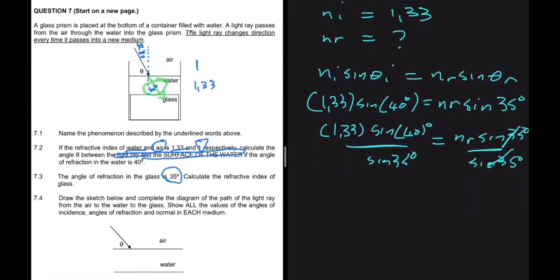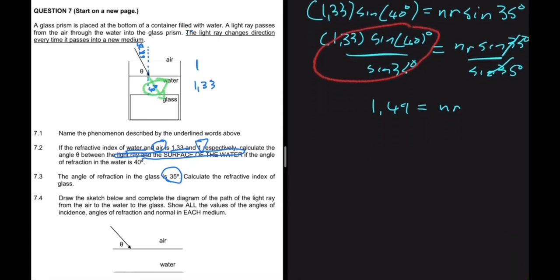And then if you put this in your calculator, you're going to get 1.49 is equal to Nr, right? So the refractive index of glass is 1.49, and then it makes total sense. We would like to think that the refractive index of water is greater than that of air, and the refractive index of glass is greater than that of water, right?